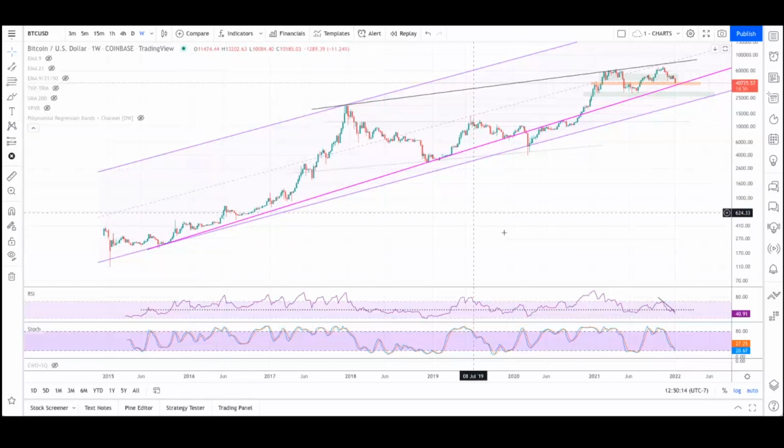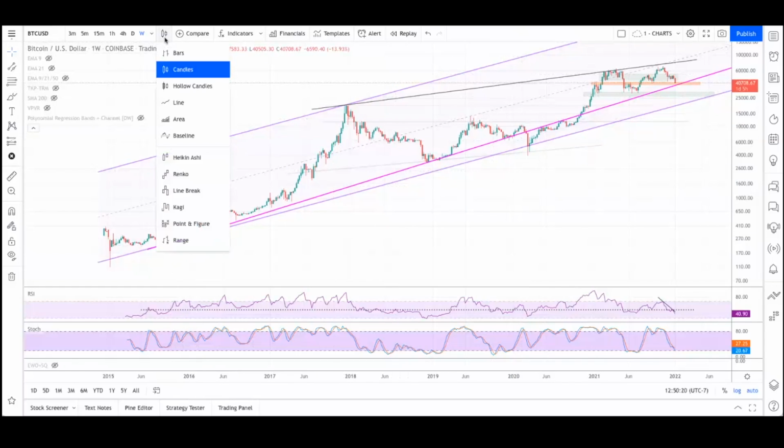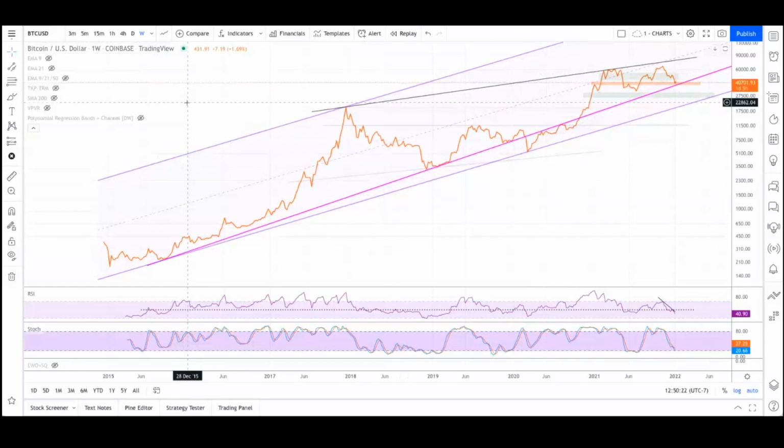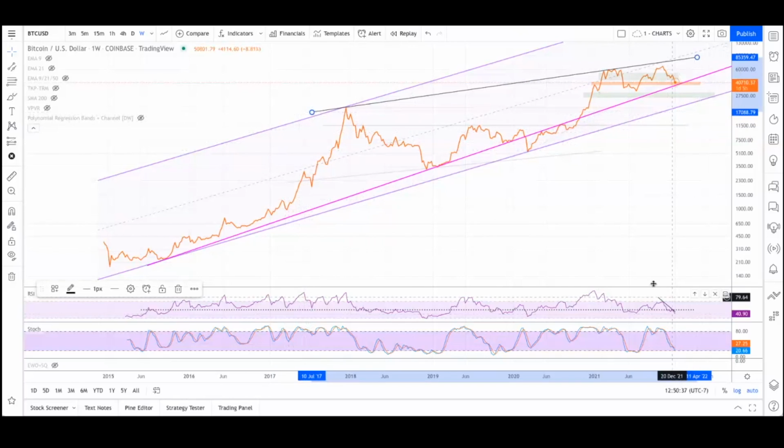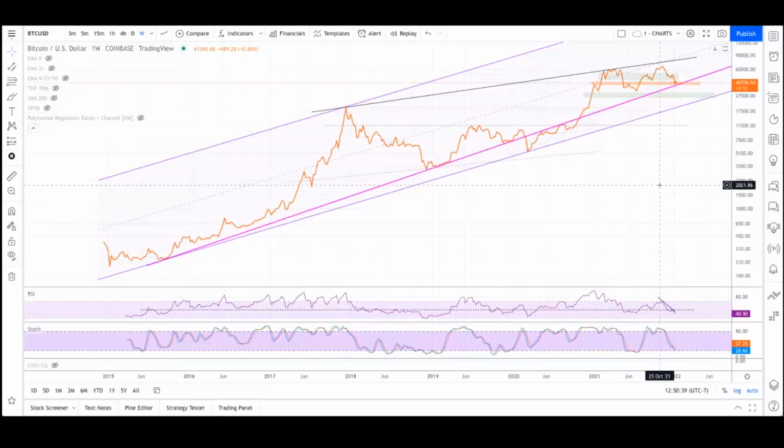So let's look at Bitcoin. And just to give you some idea of how I got these lines on Bitcoin, I want to turn the candles off and go to a line graph. As you can see, a line chart is really going to show you that maybe those wicks aren't all they're cracked up to be.